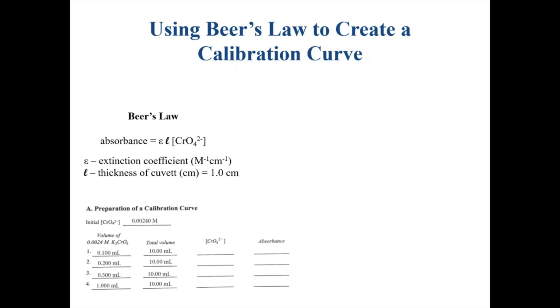So we have to control for that thickness. Now, the nice thing about our cuvette is that it's 1 centimeter. So in essence, we can kind of ignore the path length because it's just a factor of 1. And that's why we make it 1 centimeter, because then essentially, the L goes away. So the absorbance is really dependent on the extinction coefficient and the concentration.